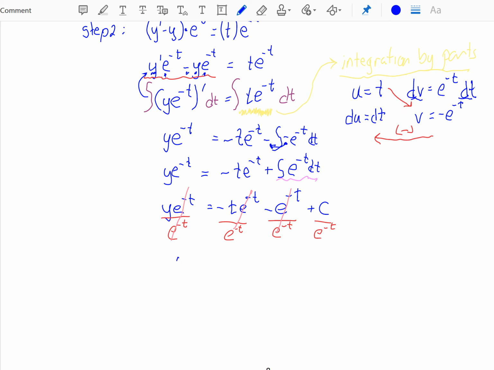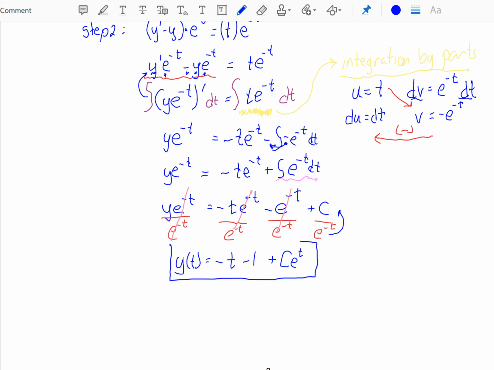And I think what we'll obtain is y of t is going to be negative t minus 1 plus, and so that I don't leave this as a fraction, I'm going to use properties of exponents to bring this e to the negative t to the numerator and write it as c e to the positive t.